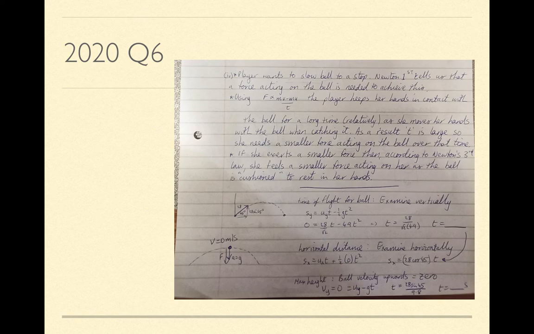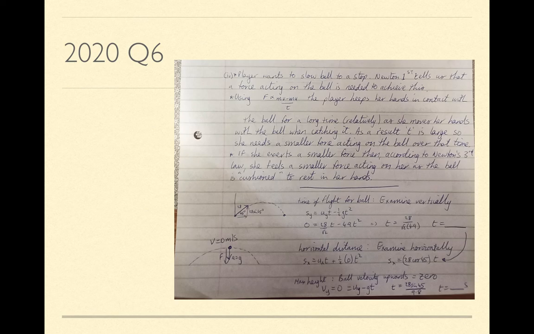The next part of the question asks for the horizontal distance. So now you have to look at everything horizontally. And looking at it horizontally, you need a speed horizontally, you need an acceleration horizontally. We know the time from the previous bit, and we're looking for the distance travelled. So if you look at the section that says horizontal distance, examine horizontally, just below that, S of x equals u of x t plus a half by 0 t squared.